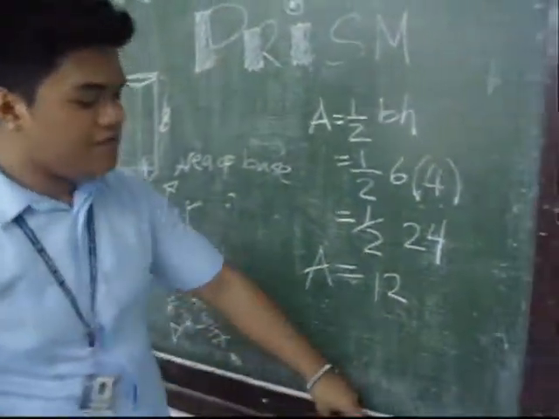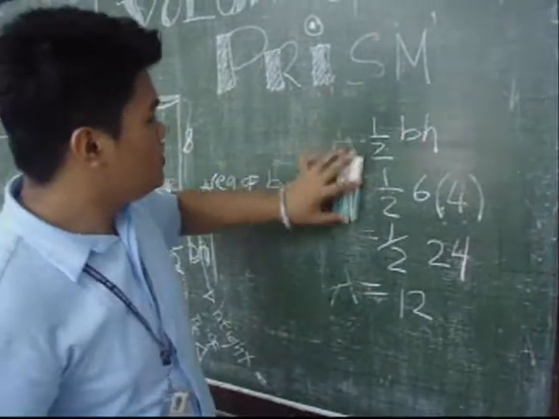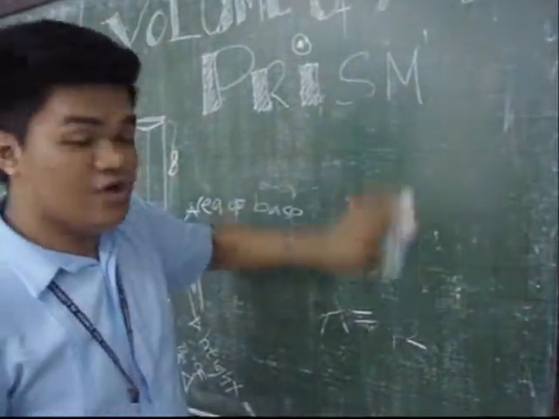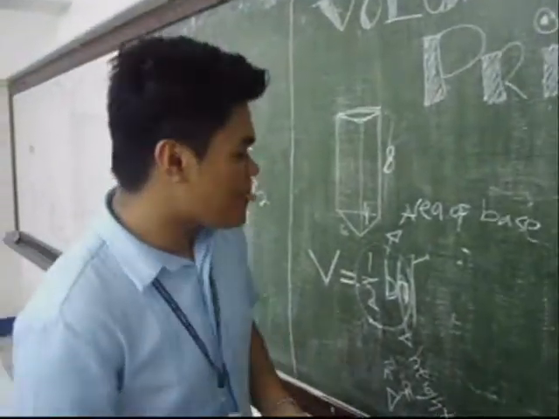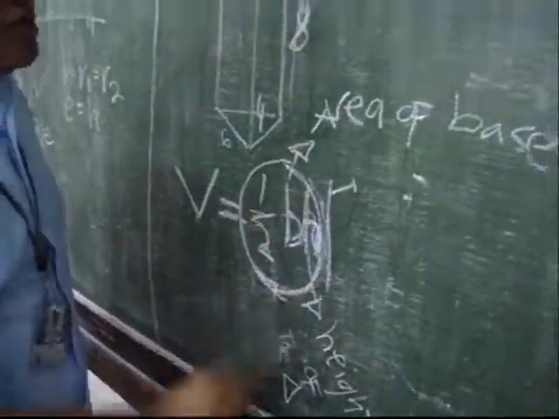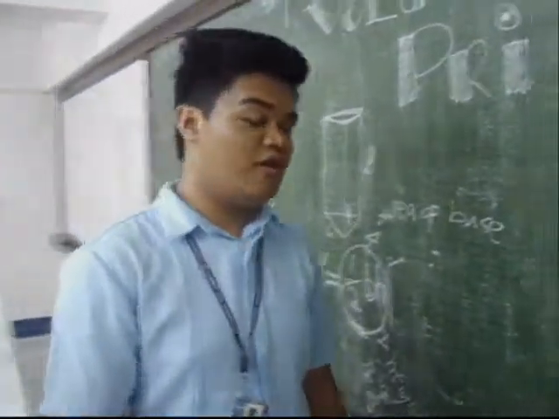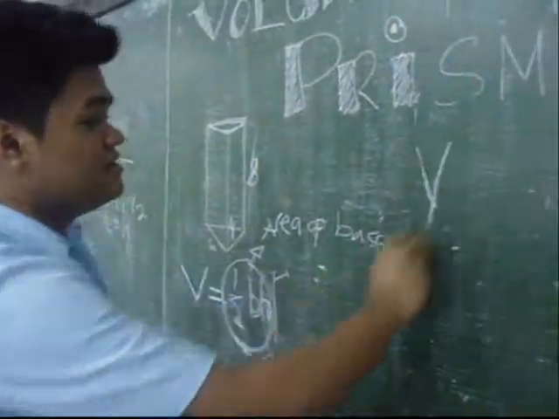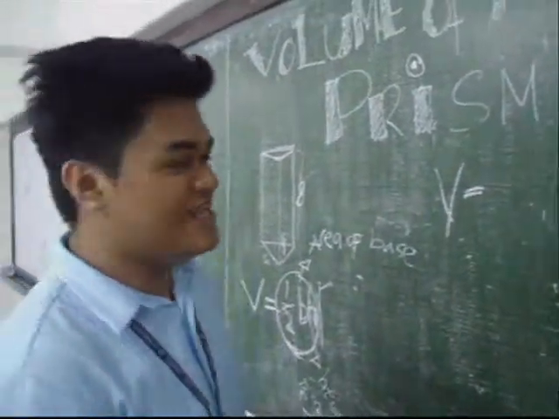After getting the area of the base, we're now going to solve the volume of the prism. We already know the area of the base, so we are going to multiply the length to get the volume of a triangular prism.